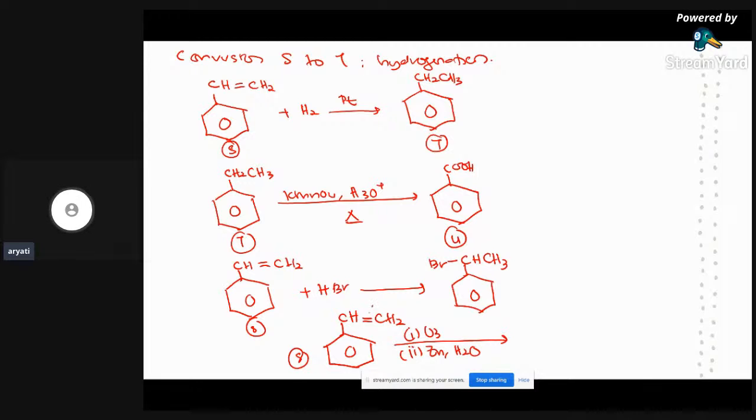So dia akan potong kat sini. So dia akan jadi C double bond OH, which is benzaldehyde. Kita label ini sebagai W, and methanol, C double bond OH. So this is the solution for question number 6B.